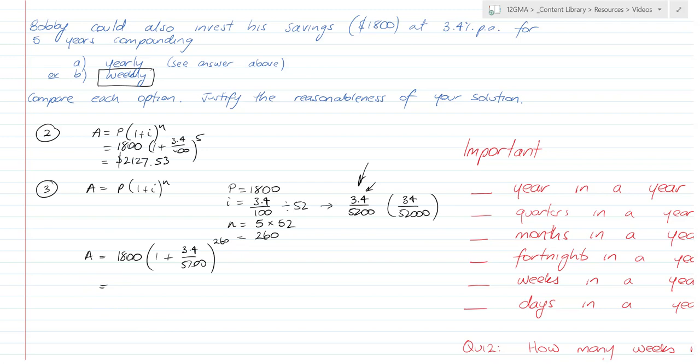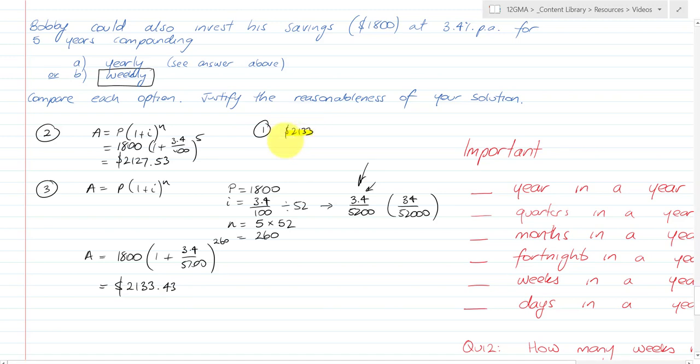I've not lost any value because I've kept that as a fraction, and so my rounding is fine. 1,800 times (1 plus 3.4 over 5,200), close brackets, to the power of 260, which seems quite large, but the bit inside the bracket will be quite small, and that's equal to $2,133.43.